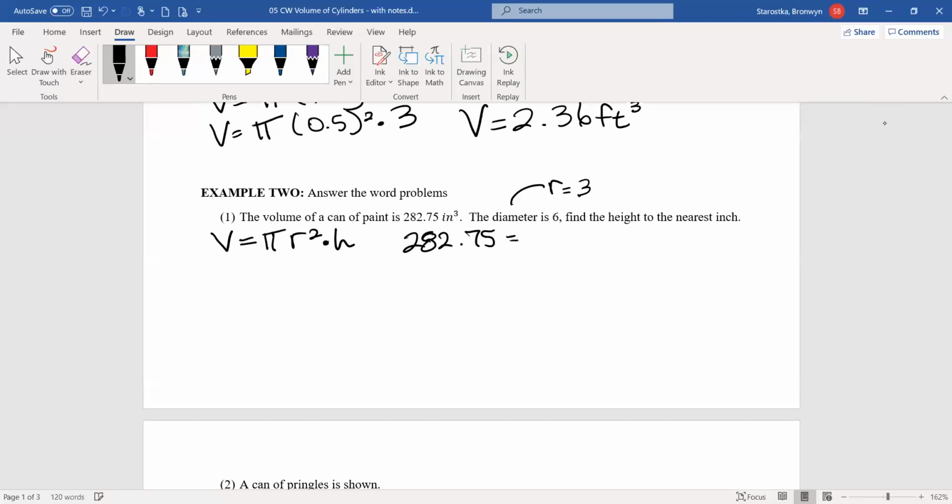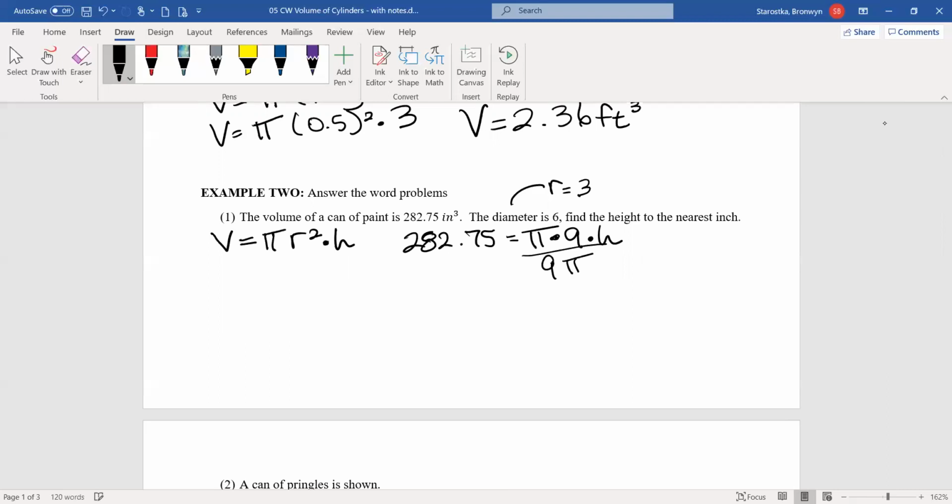282.75 equals pi, not 6 squared, but 3 squared. 3 squared is how much? We could just do that right away. Times 9 times h. So let's divide by 9 pi.